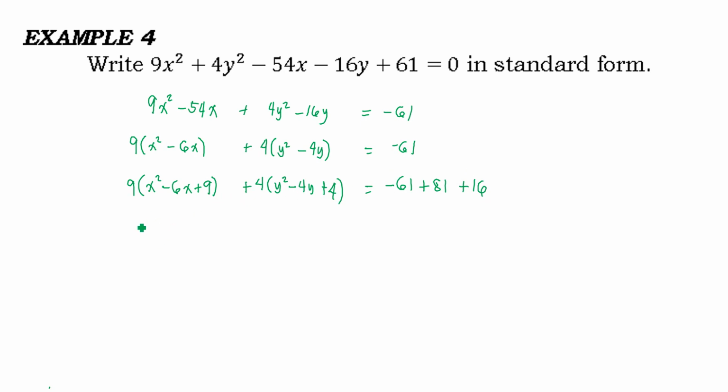So, here we could have 9 times, okay, make this one a factored form. So, you have x minus 3 quantity squared plus 4 times the squared quantity of y minus 2 equals negative 61 plus 81 plus 16, 36.